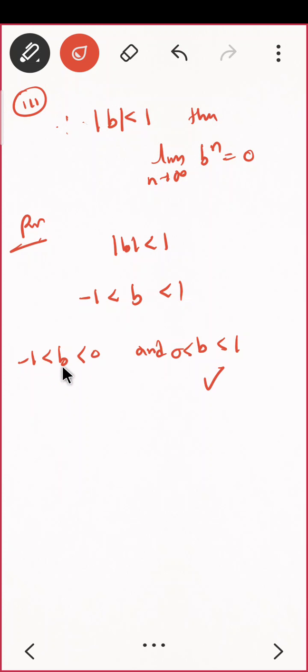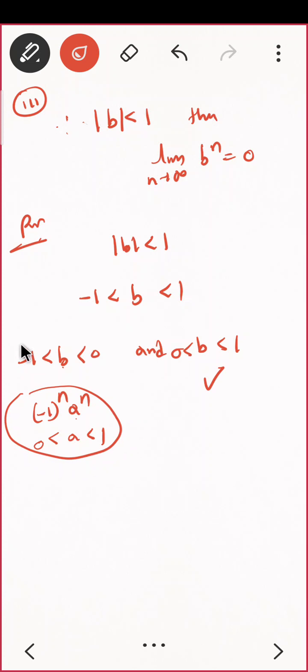If your b is negative, so what you should do? You should write it as minus 1 raised to n into a raised to n. Correct? Where a will be lying between 0 to 1. Do you agree what I am doing? I am writing this guy as this. Can I do that?